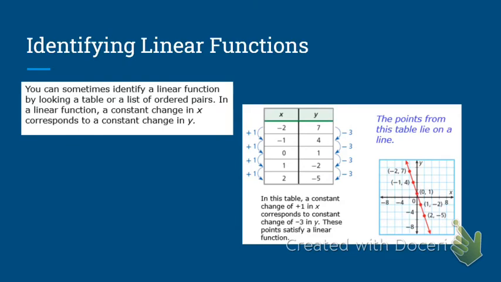So by looking at a graph like this, it's pretty easy to tell if it's a linear function. Is it a straight line? And is it a function? Yes. Here's what we're going to be looking for in tables and graphs, though. See this right here? This is what I would call the common difference.